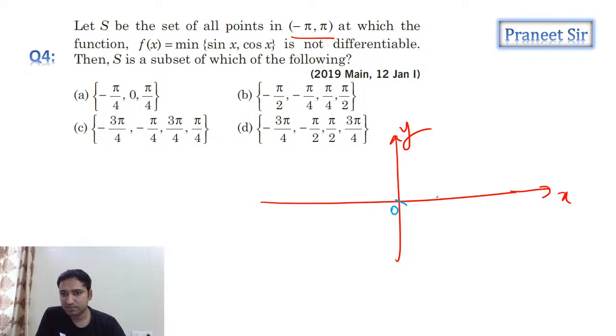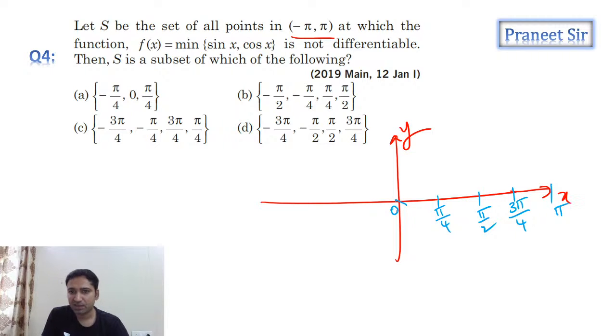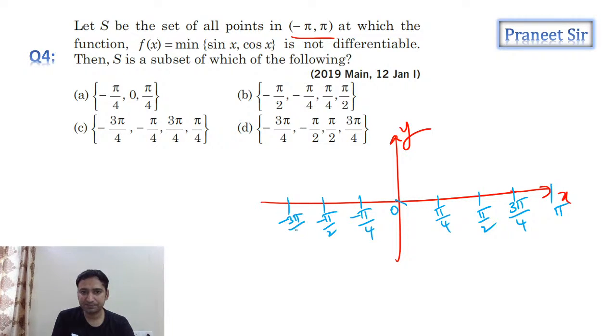This is pi by 4, then pi by 2, then 3 pi by 4, and then pi. Same way with the negative side: minus pi by 4, minus pi by 2, minus 3 pi by 4, minus pi. So we need to draw the graph of sin x as well as cos x, guys.